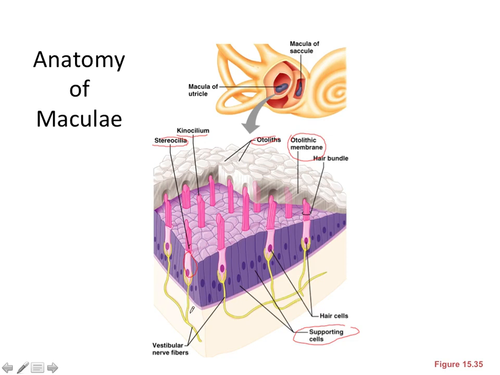These nerve fibers are the vestibular nerve fibers, responsible for transferring the action potential carrying the information of balance. So this is the macula, in the utricle and saccule. They are responsible for detecting balance.